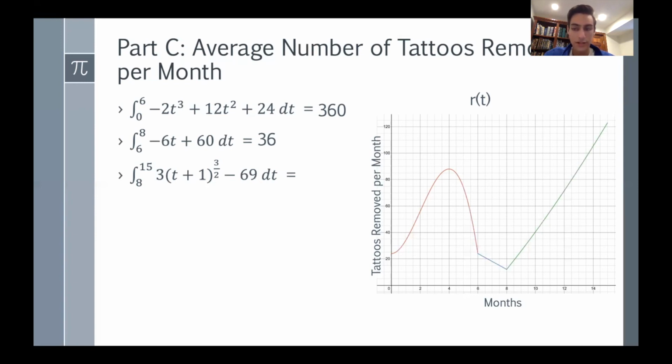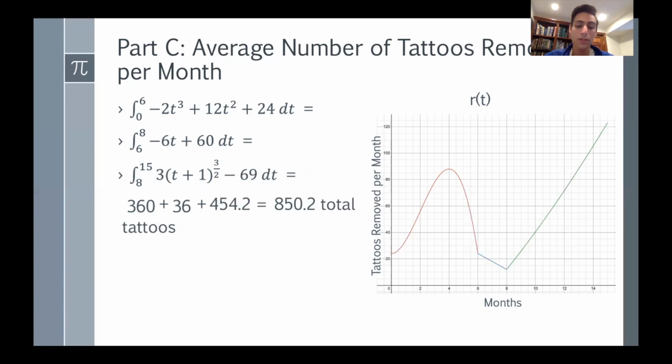If your calculator doesn't actually go up, put it in parentheses so it knows that that's all part of the exponent. And you should get the answer 454.2. And now what we're going to do is add all the values together. So 360 plus 36 plus 454.2. And that's going to be equal to 850.2 total tattoos.